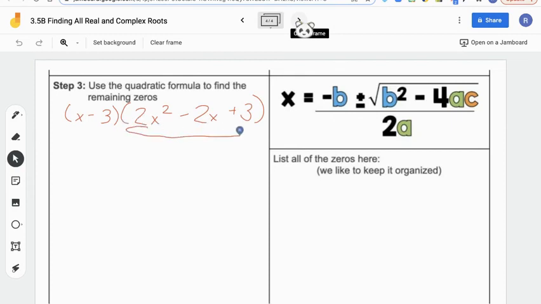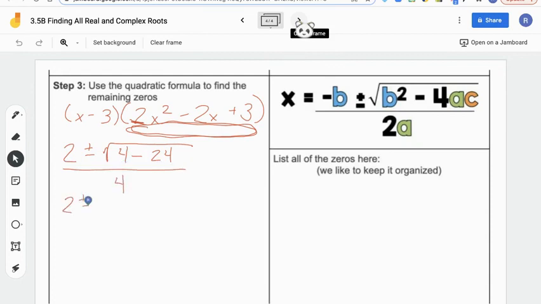So let's plug it into our quadratic formula. The opposite of b plus or minus the square root of b squared minus 4 times 2, which is 8, times 3, which is 24, all over 2 times a.